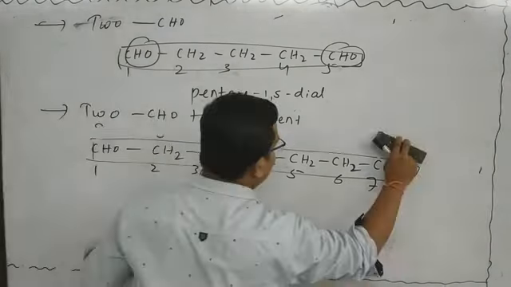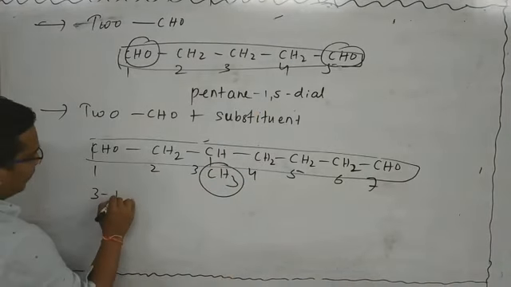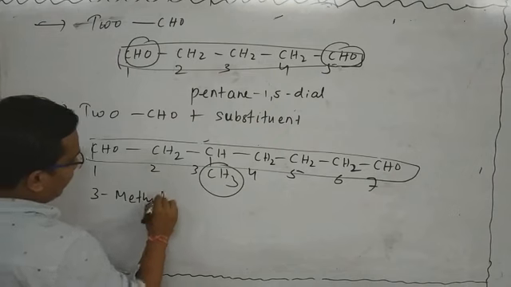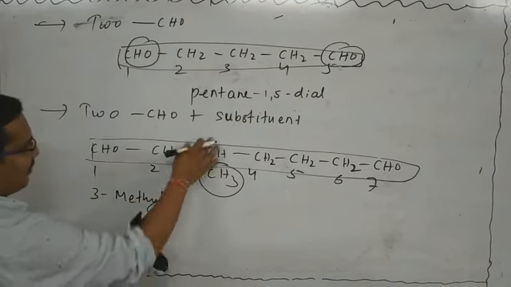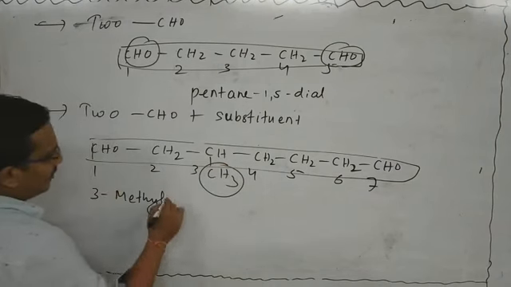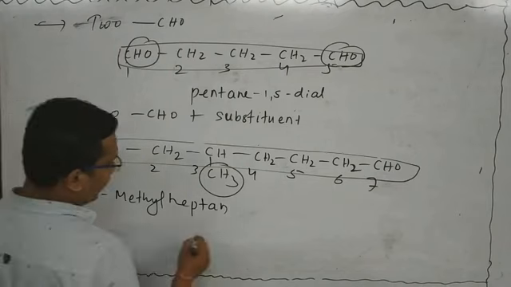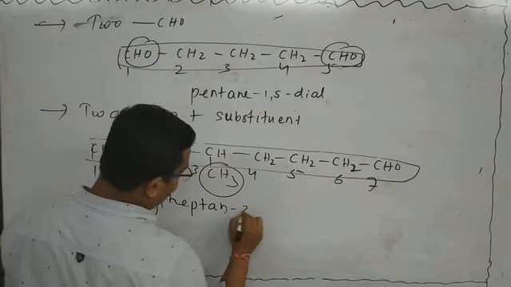We take the numbering 1, 2, 3, 4, 5, 6, 7 like this. Then what will be the name of this compound? The methyl group is present at the 3 carbon, so we get 3-methyl. There are 7 carbons present, so we name it 3-methylheptane-1,7-dial.